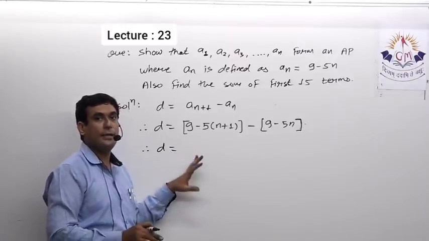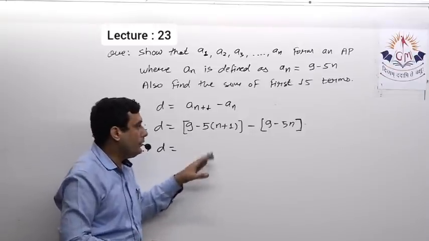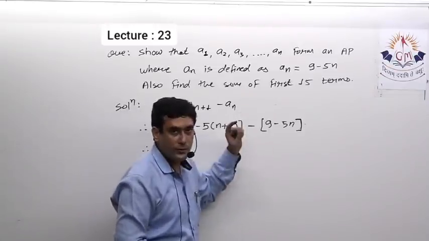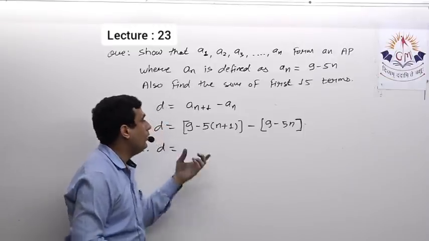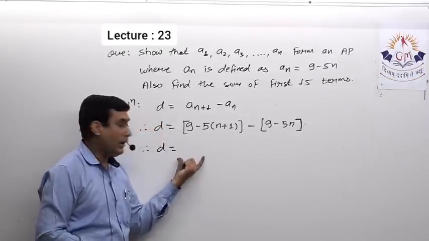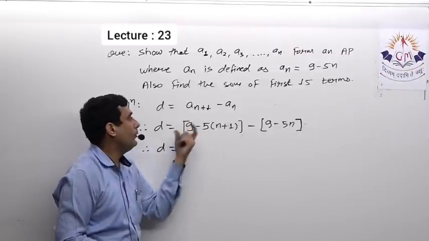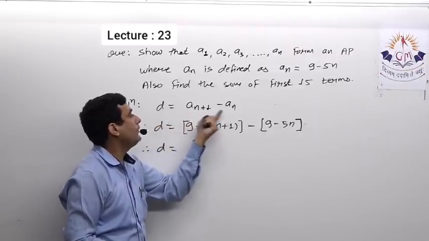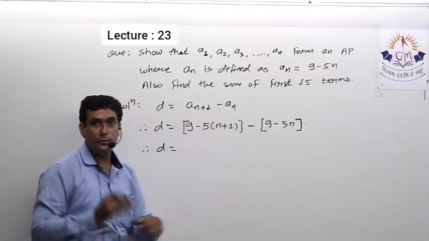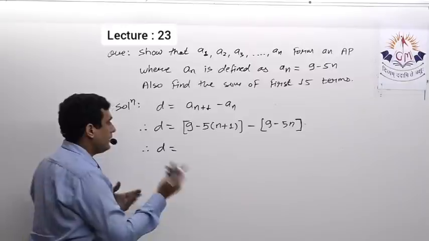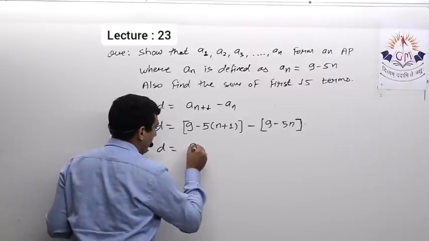It should not contain n, because we already solved this question with another method, so definitely it represents an AP, that we know. To confirm that, we use the formula d equal to an plus 1 minus an. When you solve this, you should get a constant term which does not contain any n.